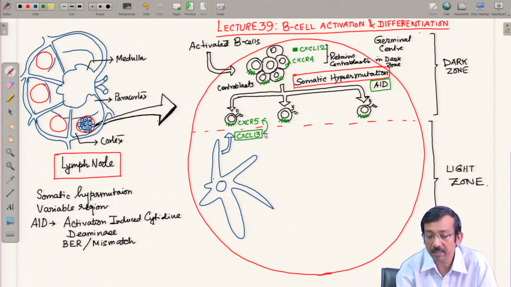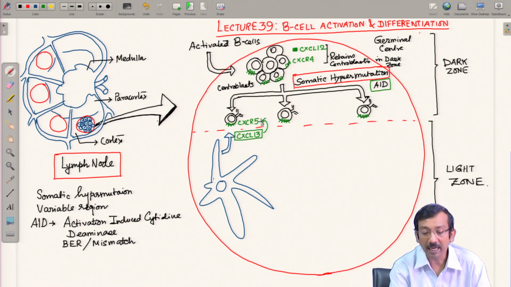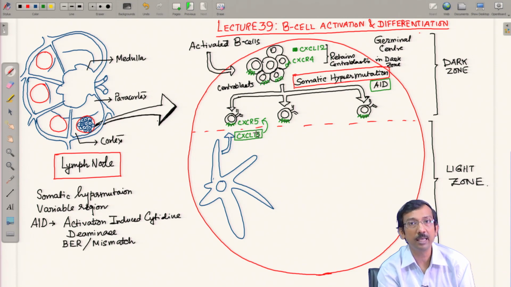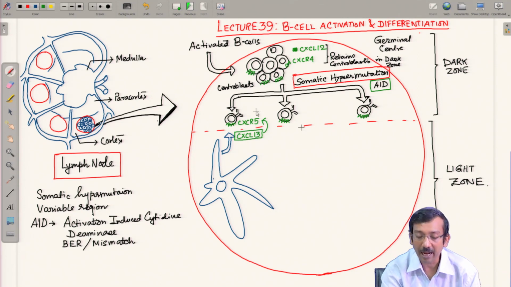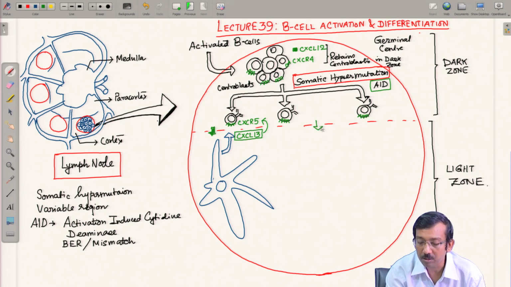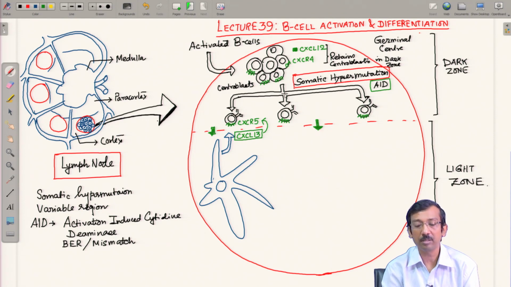So the CXCR5 binds to the CXCL13, and they are attracted towards the light zone. So now these centroblasts start moving into the light zone.